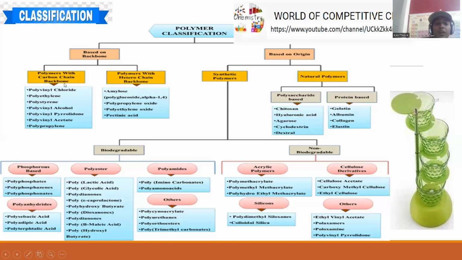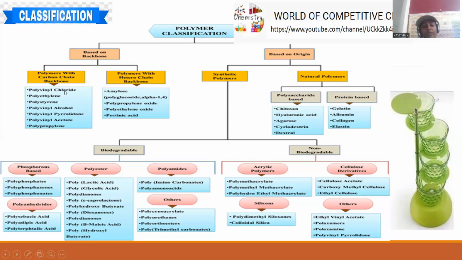One category is polymers made up of a carbon chain as the backbone, with long chains composed of carbon. The other category is where atoms other than carbon are also incorporated. Polyvinyl chloride is the simplest example of a carbon chain backbone.